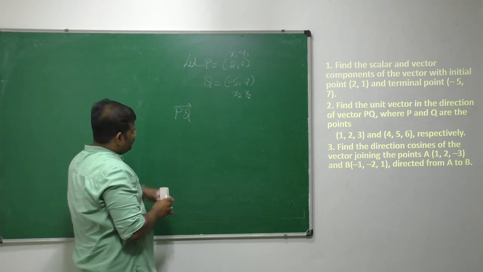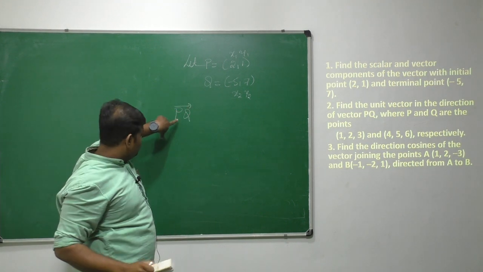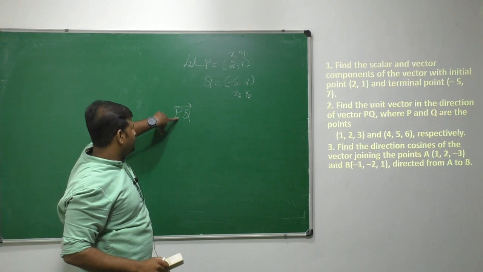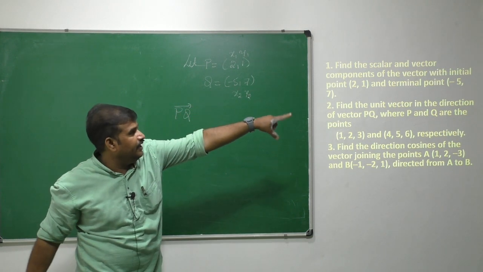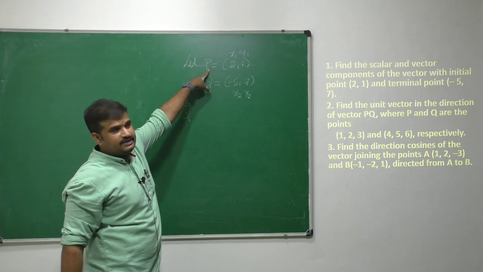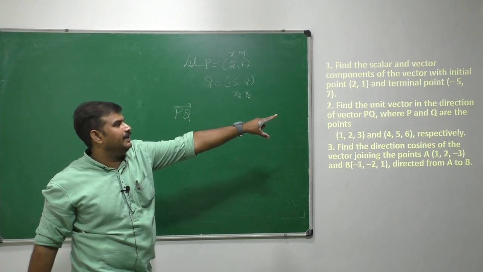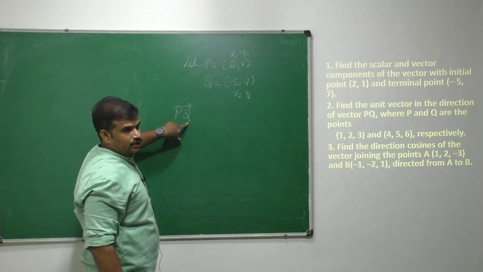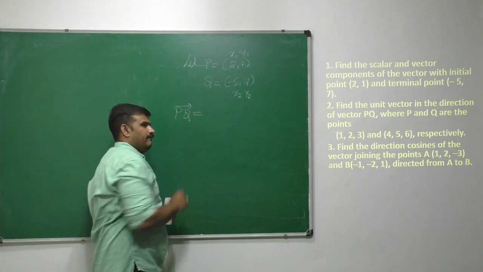Look, this is terminal and this is initial. They have given it in the same order: with initial point 2, 1, this is P, and terminal point minus 5, 7, that is Q. So how do we find the vector joining 2 points?